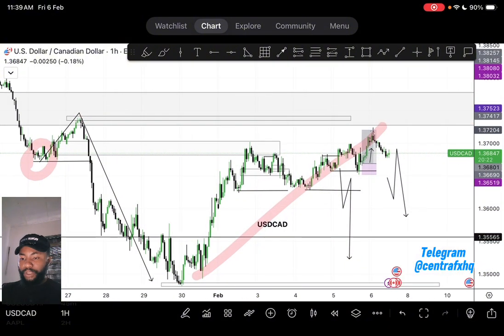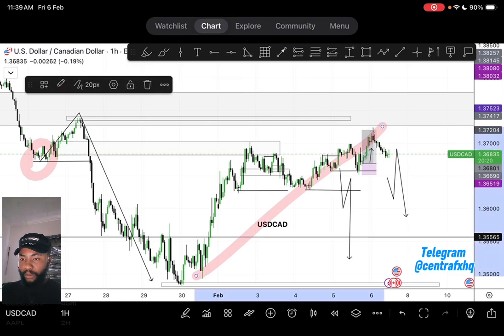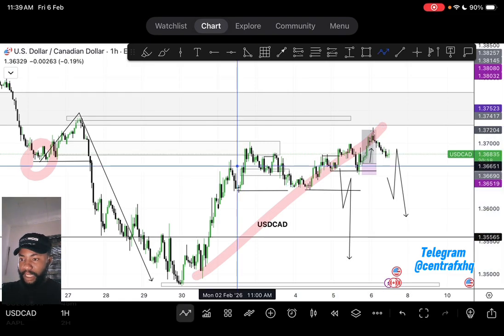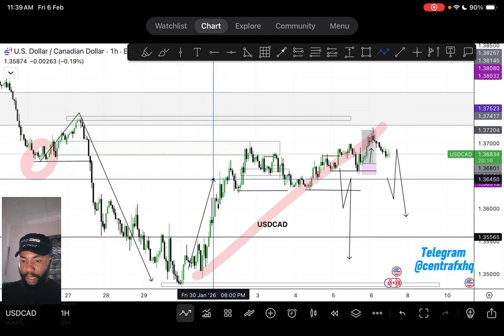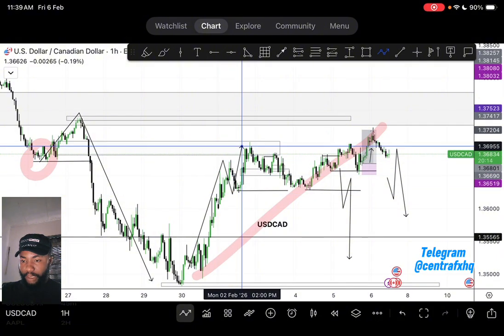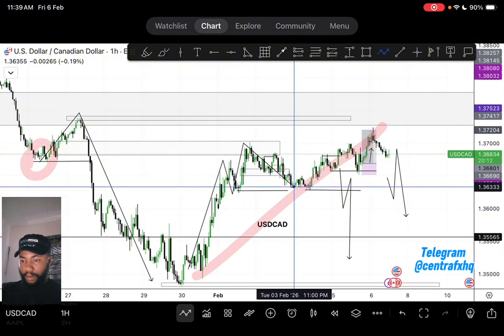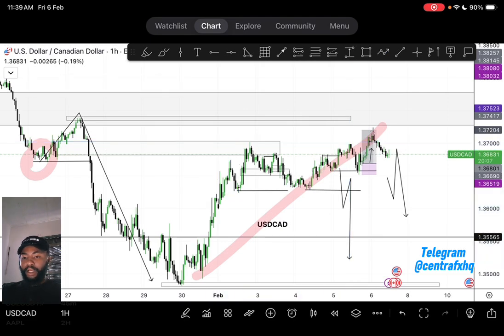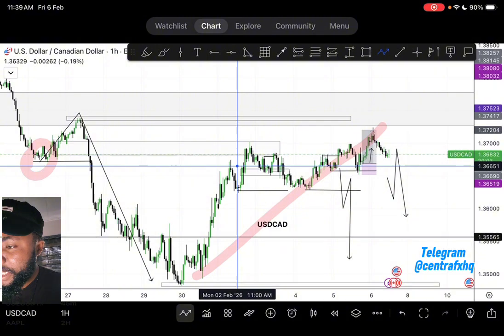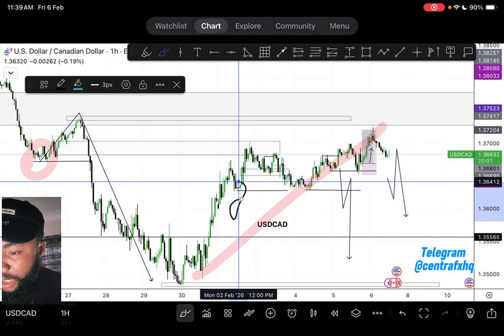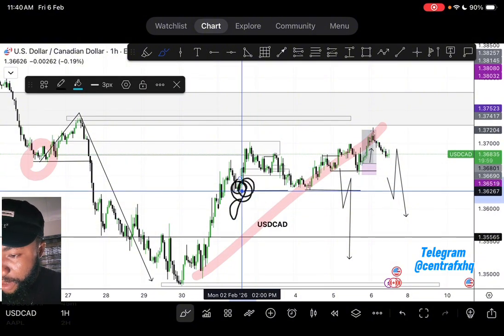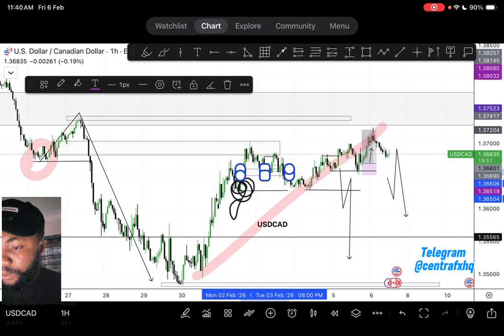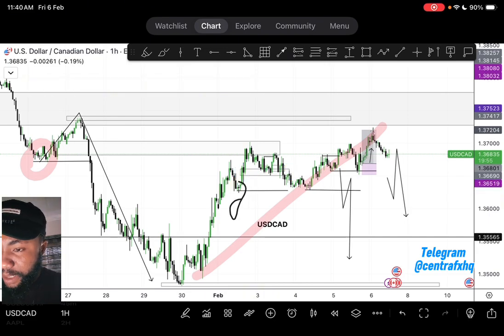You can see that in our internal structure, price was printing a series of higher highs, higher lows, higher highs, higher lows, and then higher highs. When price was around this zone here, I was expecting price to take out this low.